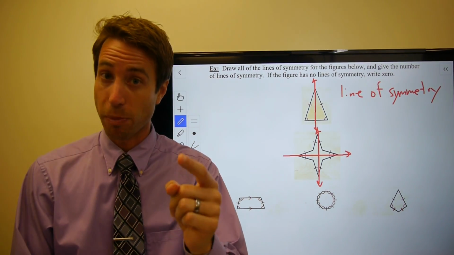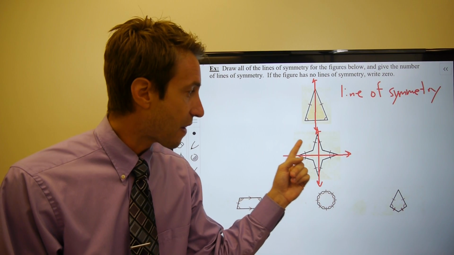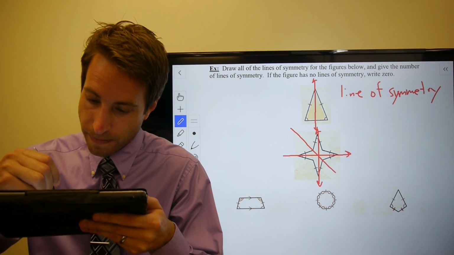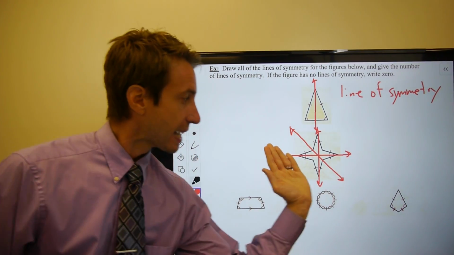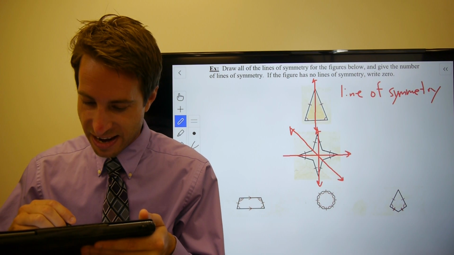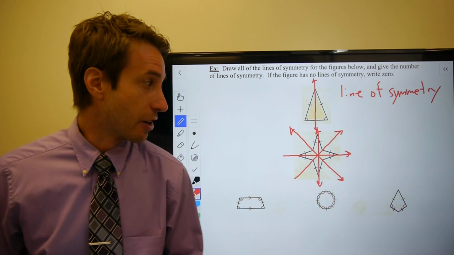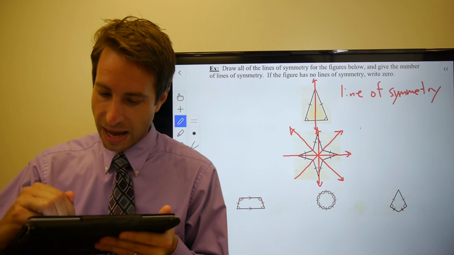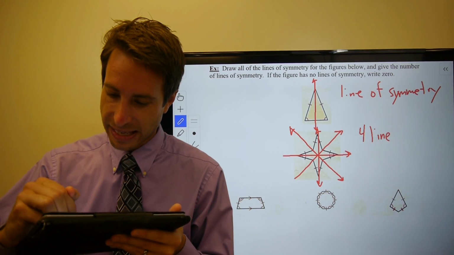But that's also not all. Please be very careful. Notice if I go diagonally through this direction, I take that half and fold it up, line of symmetry, and another one right here. Count the lines: 1, 2, 3, 4 lines of symmetry in this object.